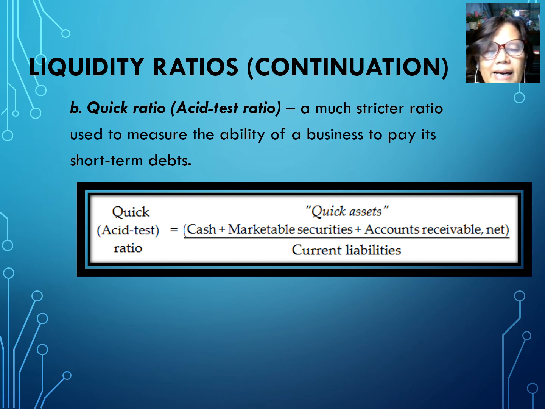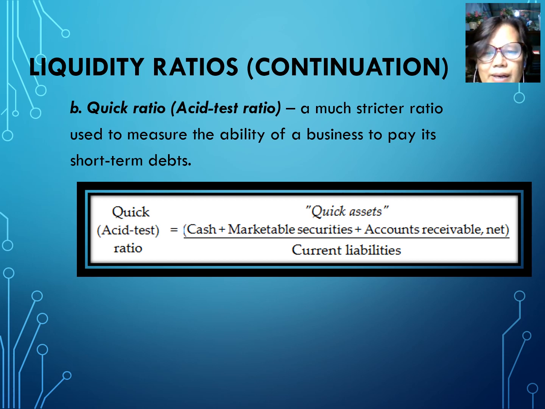So, quick ratio is termed as acid test ratio or quick acid test ratio. A much stricter ratio used to measure the ability of a business to pay its short-term debts. What is the formula? Quick ratio is equal to cash plus marketable securities plus accounts receivable net.